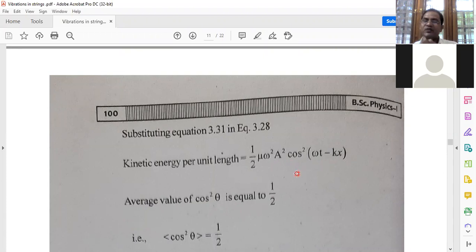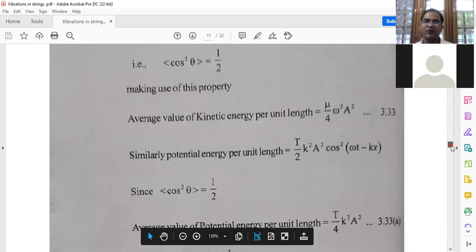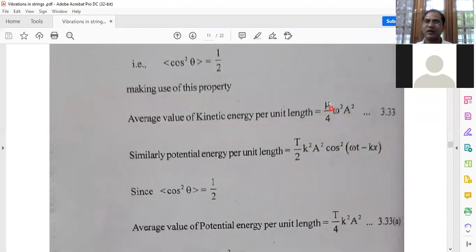But the average value of cos²θ is 1/2, which comes from mathematics. So instead of cos²(ωt − kx), you write 1/2. Then 1/2 into 1/2 gives 1/4, so we get μ/4 into ω²a².